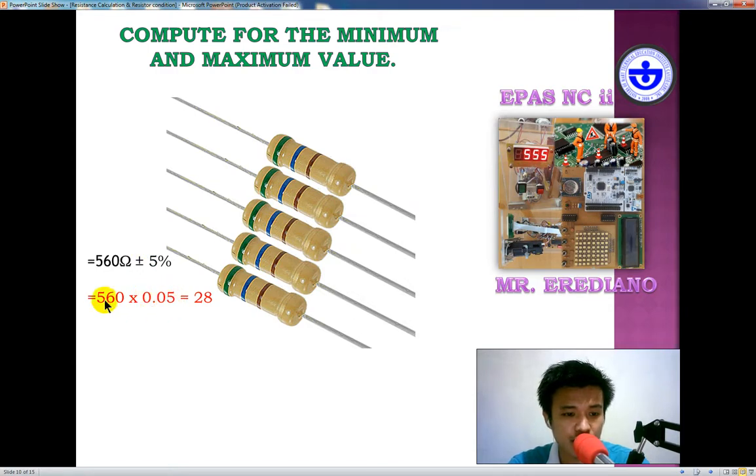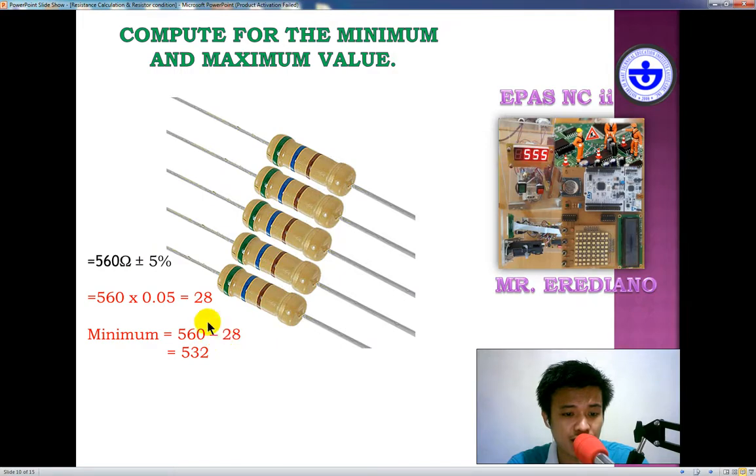And if you're going to calculate this, you can have 5% of 560 is 28. So we get here again, the 28 is the 5% of 560. And then after getting the percentage value, for the minimum, you are going to minus, that is why we have here plus and minus.